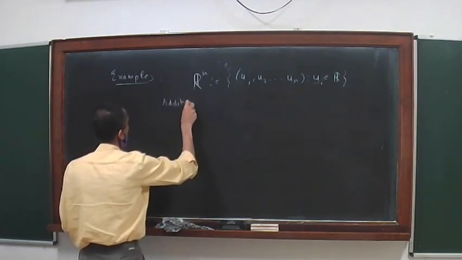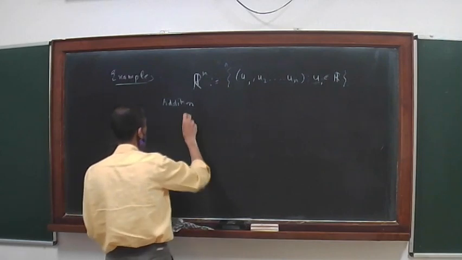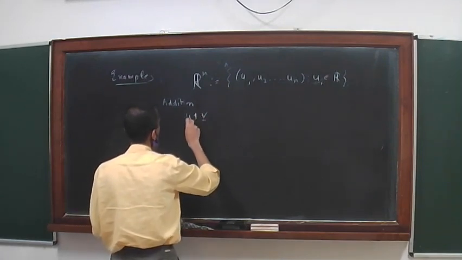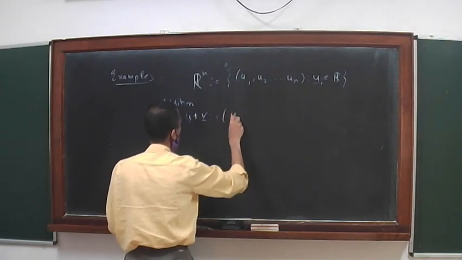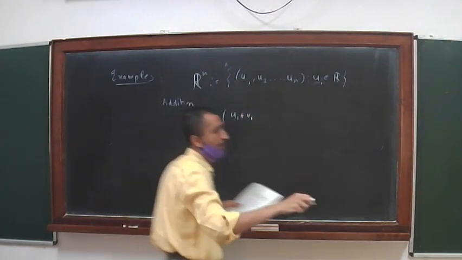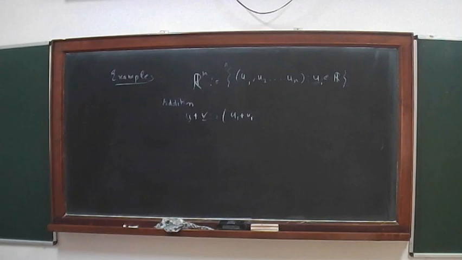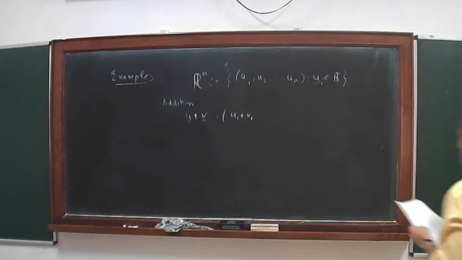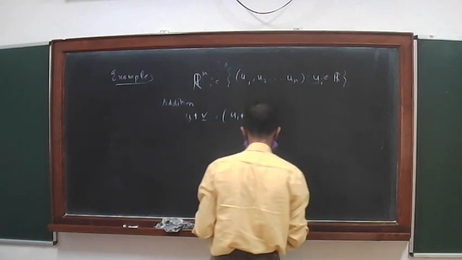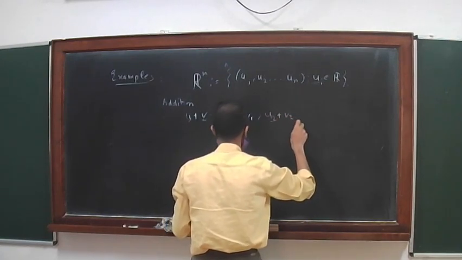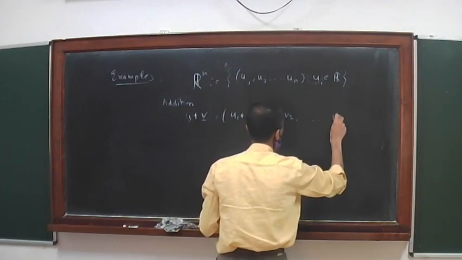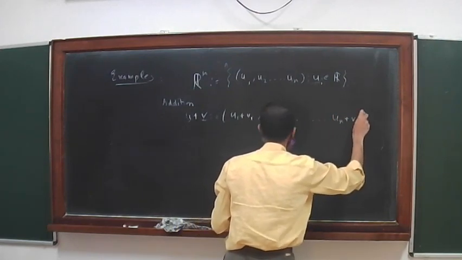Addition is as follows. So u plus v is defined as u1 plus v1, u2 plus v2, and so on, un plus vn.